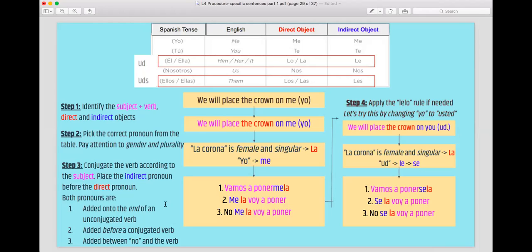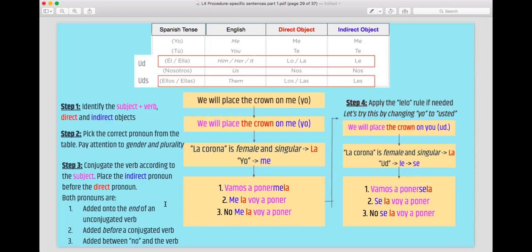In this case, our verb is a phrase, which is will place, or that would be vamos a poner. So we identify that as our subject and verb. And then we try and identify our direct and indirect objects. So what is being acted upon by vamos a poner? It's going to be the crown. The crown is the thing that's being placed. And who is receiving that crown?